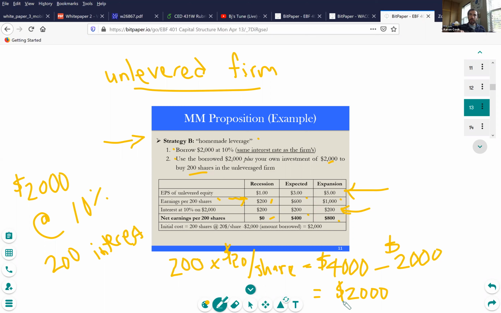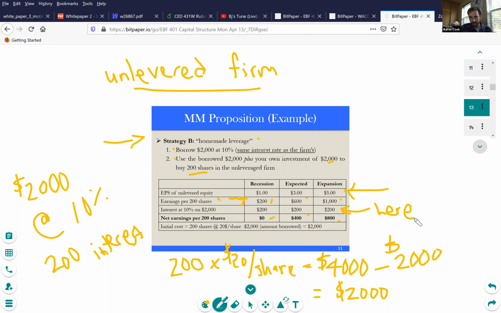So of course, borrowing this money wasn't free. It wasn't free to this investor to just be able to use this $2,000 to invest in this stock. But he's already paid for that. We already accounted for that right here. So the cost of that debt is already baked into these earnings calculations, where he has to pay this $200 of interest for the ability to have used that $2,000 to begin with.